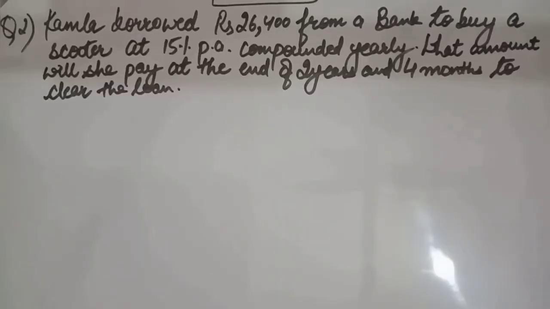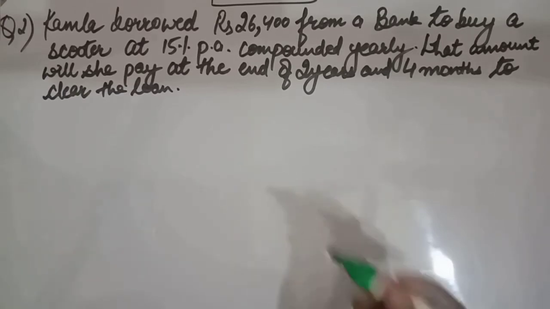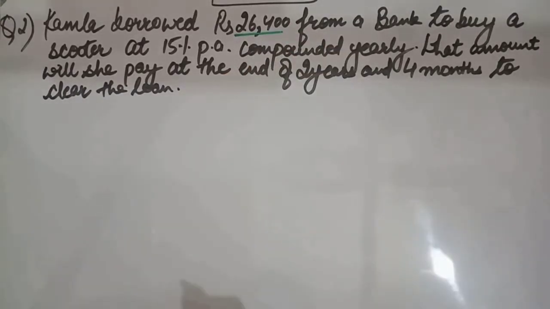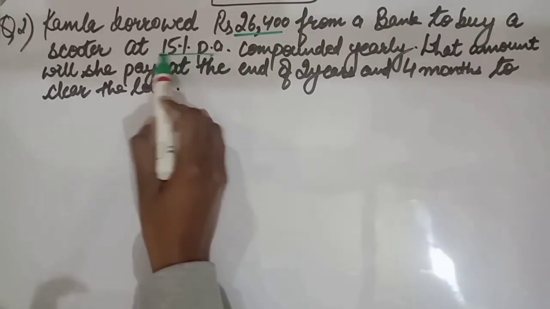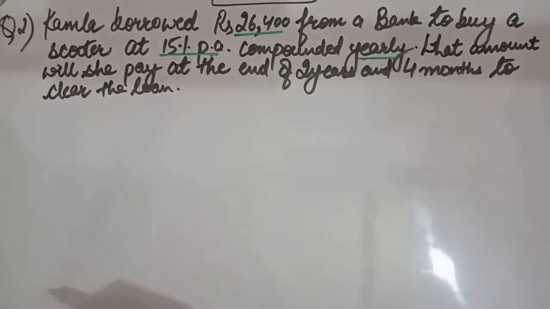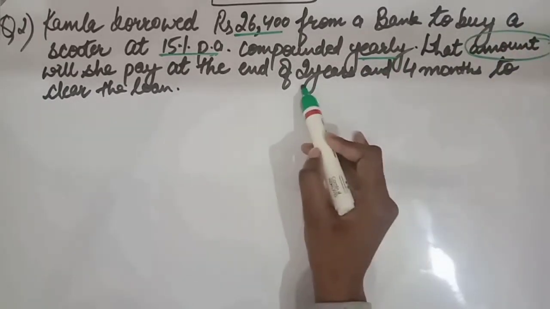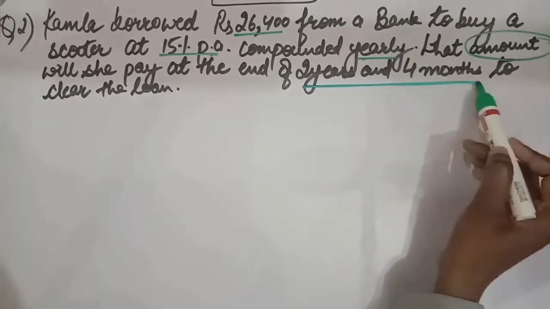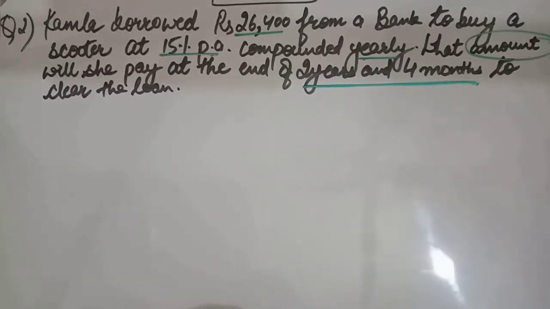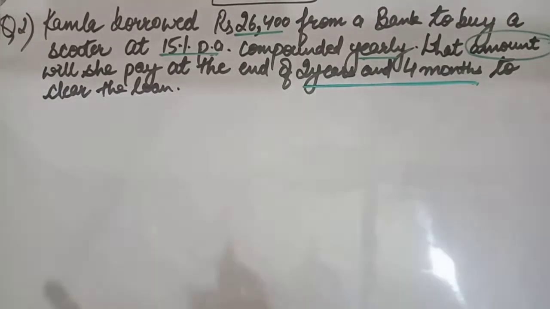Our next question is, Kamla borrowed rupees 26,400 from a bank to buy a scooter at 15% per annum, compounded yearly. What amount will she pay at the end of 2 years and 4 months? Right? The time period here is 2 years and 4 months to clear the loan.